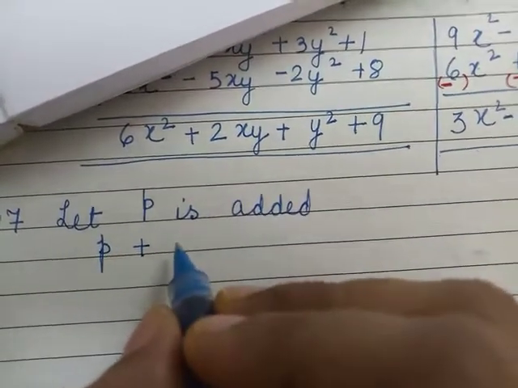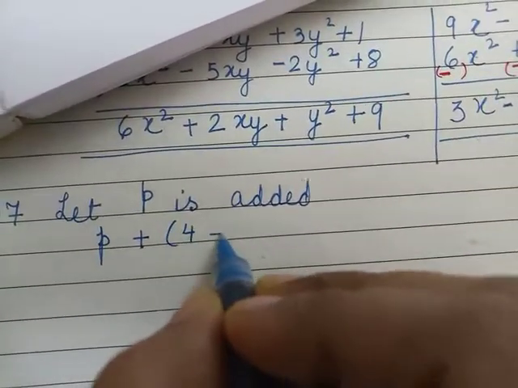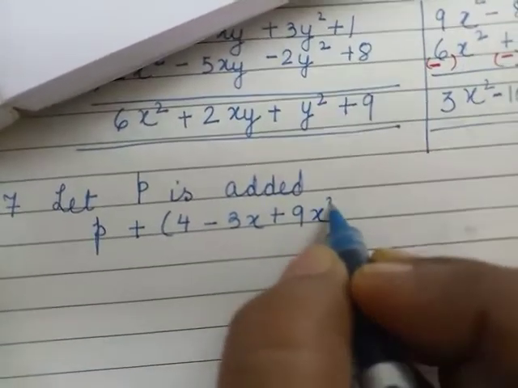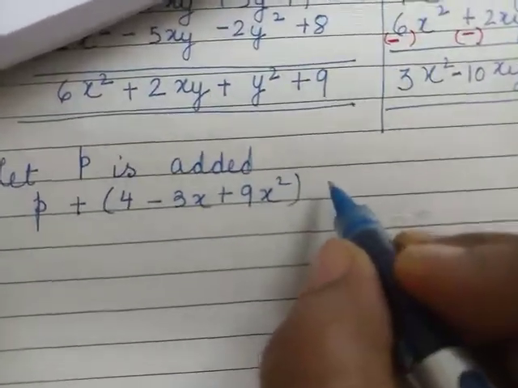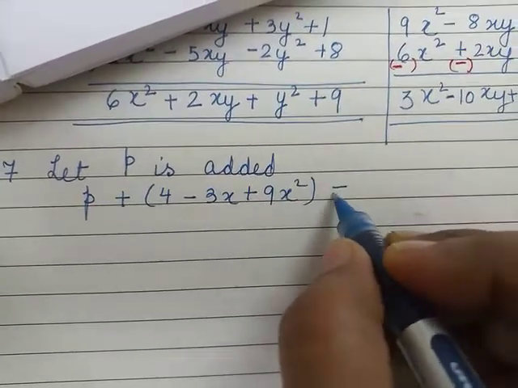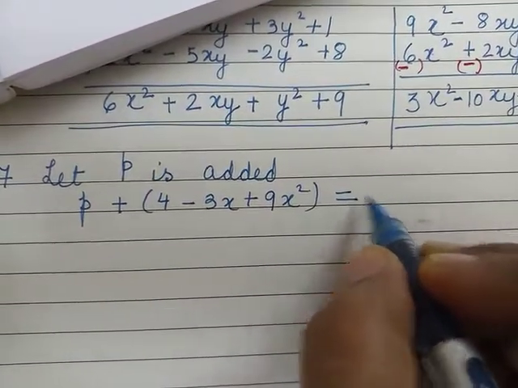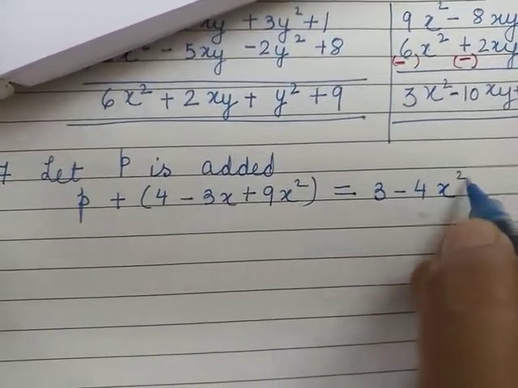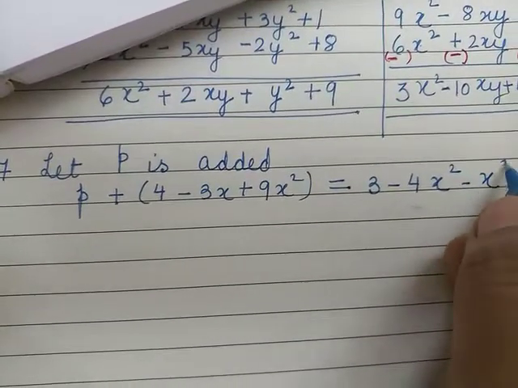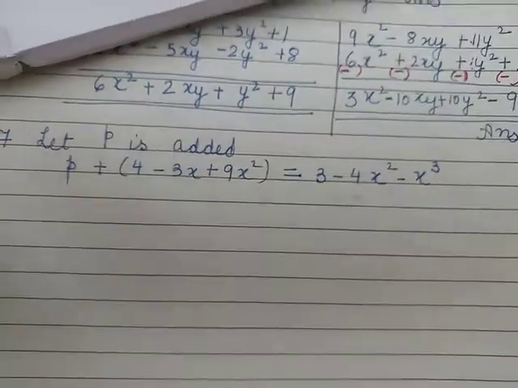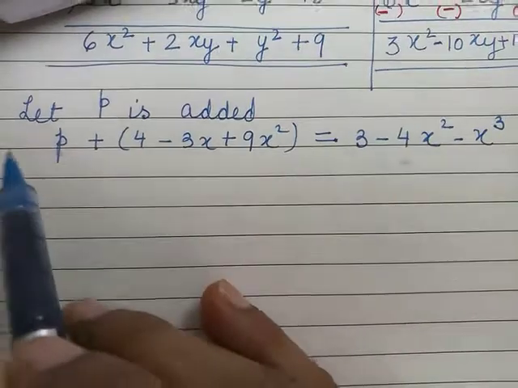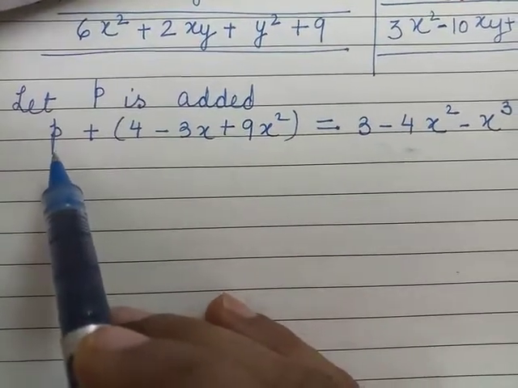It is added to 4 minus 3x plus 9x square to get. The moment they say get, you write is equal to. What are we getting? 3 minus 4x square minus x cube. This way I have written the mathematical expression, and now we are looking for the value of p.